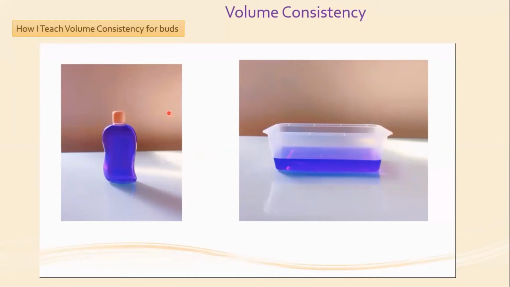It doesn't matter that this object is taller or this object is longer. It is actually the same. It just so happens that because this is a wider and longer container than this one, it doesn't look like it has a lot of water. But because this one is smaller and more narrow, the water rises higher. That does not mean this container has more water than this one. It is the exact same.